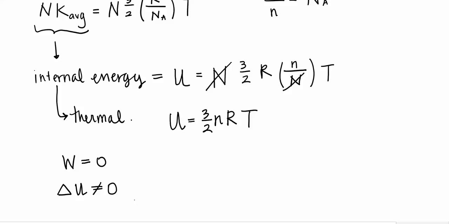What causes that internal energy change is the energy that's added to the system, because if you want to increase the temperature of something, what are you going to do? You're going to heat it up. So you do this heating process, like you do work on an object.